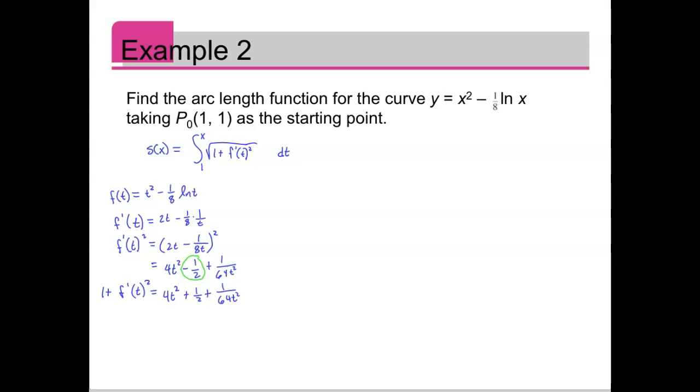Which is kind of good news for us, because when it was minus 1/2, it factored down to a perfect binomial square, 2t minus 1 over 8t, squared. Now that it's plus 1/2, this will still factor down to a perfect square. It'll just instead factor to 2t plus 1 over 8t, squared. And you could verify that by multiplying it out.